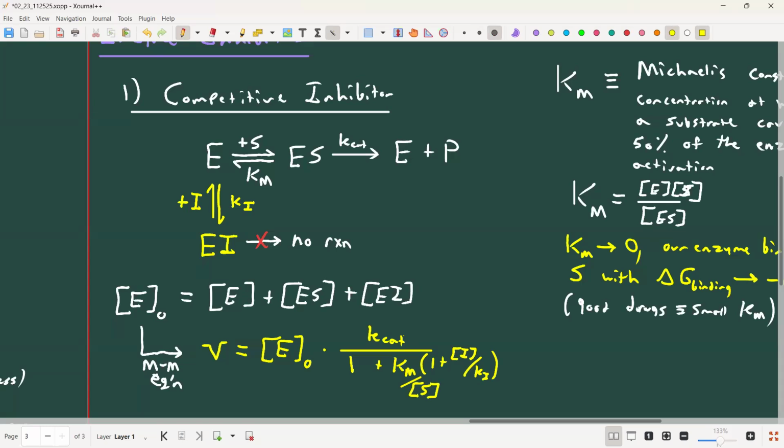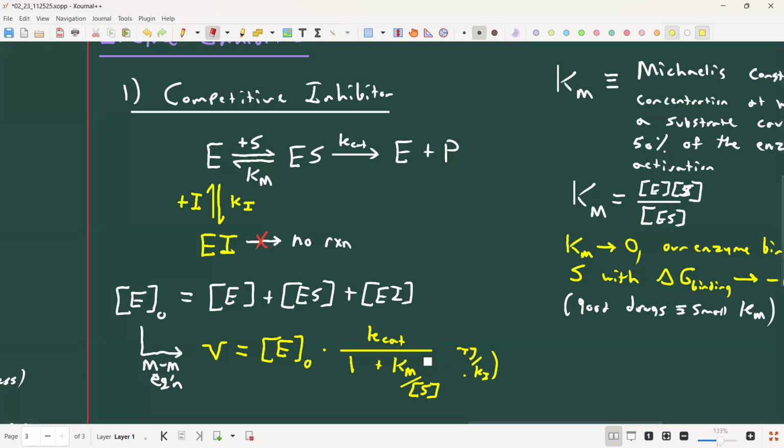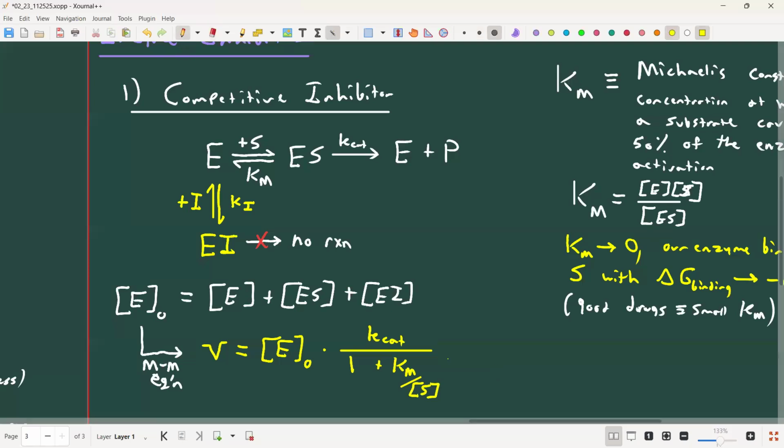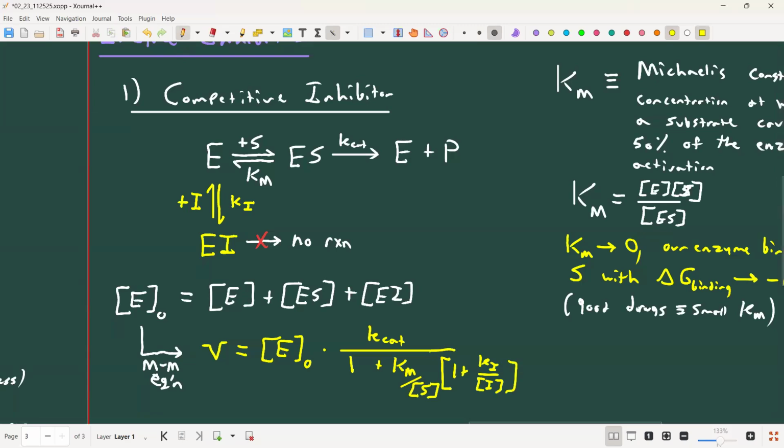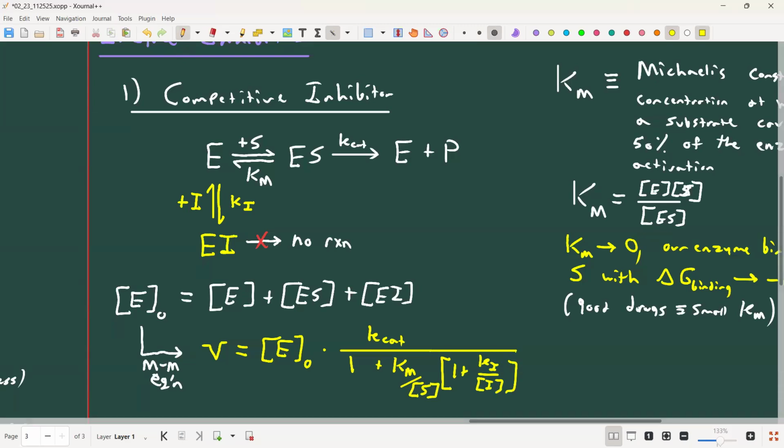But now the denominator, this substrate part, is modified by an additional term. We have the same term now, but it's multiplied by the inhibitor's part of that term. So the velocity, which is the rate of formation of the products, looks like what we had before, but when we turn the inhibitor on, the rate changes.